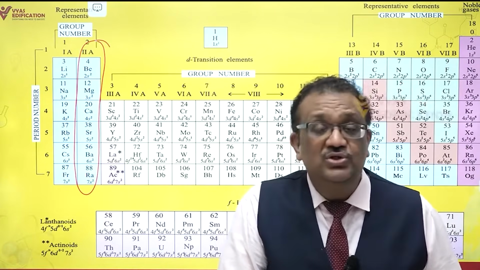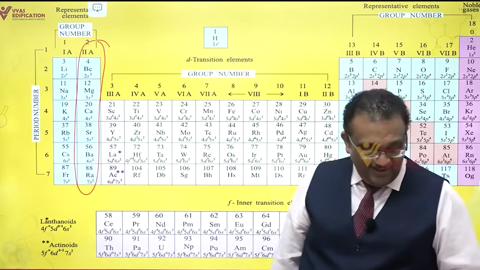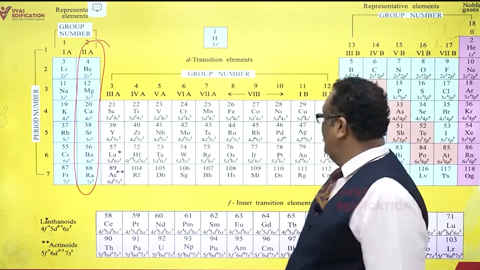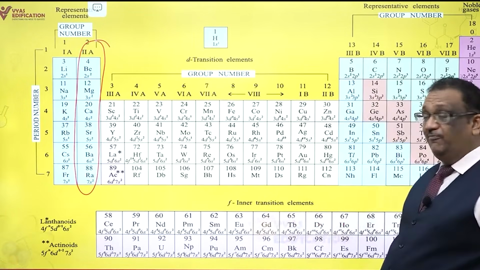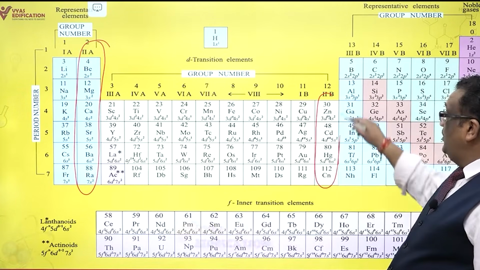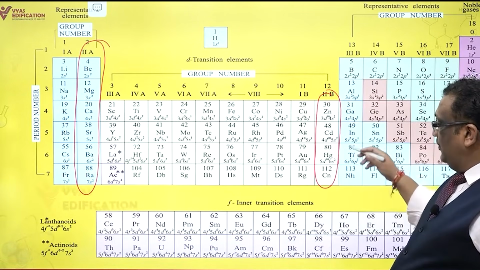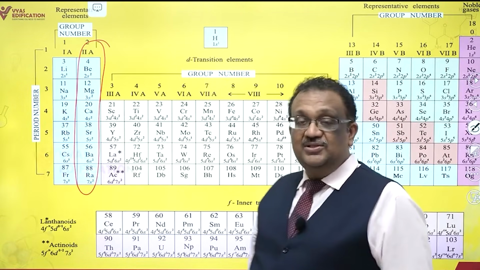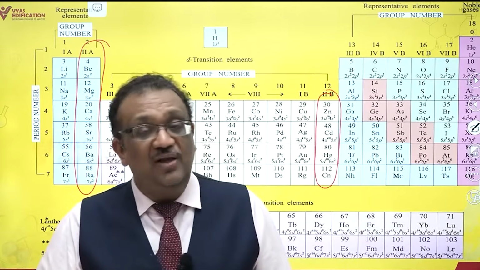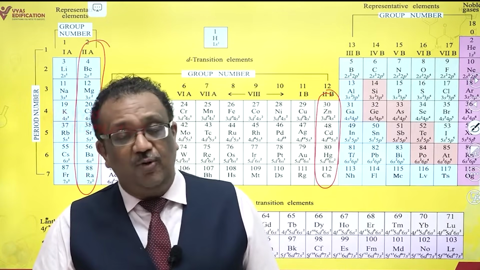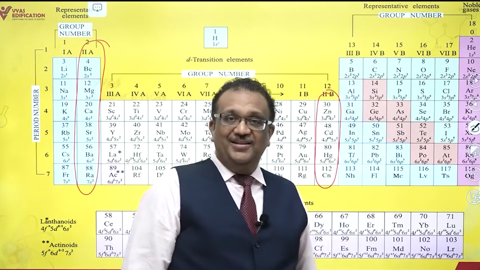Interestingly, you also have more. Group 2B, zinc, cadmium, mercury, is again one group which also loves to lose 2 electrons, and it also forms dipositive cations.